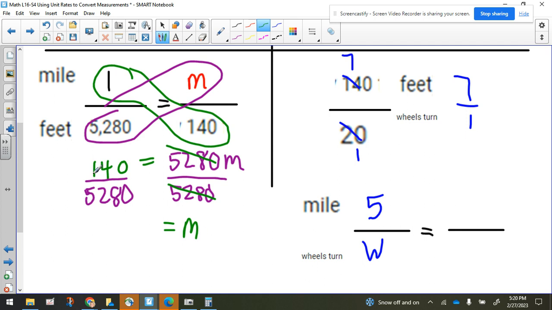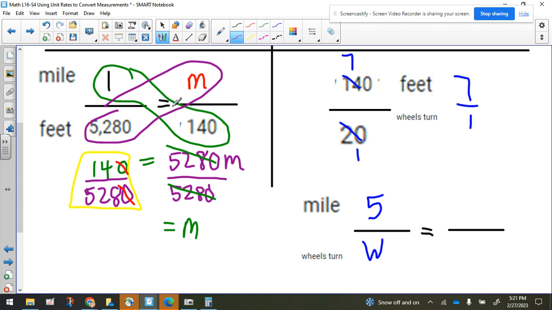Now what we're going to do is simplify. This is a fraction. So if we were to just ignore everything else and just focus on how do I simplify this fraction right here that's in the yellow box, we can start by dividing by 10. If I divide this by 10 and divide this by 10, that's the same as getting rid of those zeros. And we could simplify it more by dividing by 2.